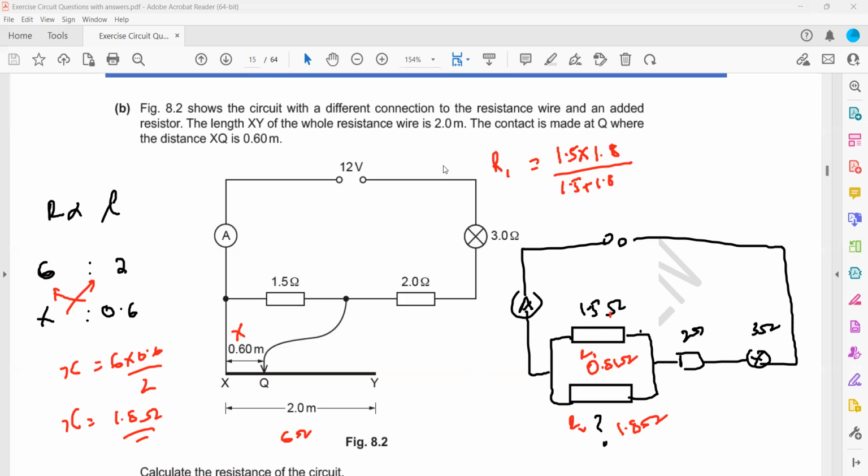Now this 0.8, 2 and 3, they are all in series, because the combined resistance of these two which are in parallel is 0.8, this one is 2 and this one is 3. So what is the total resistance of the circuit? The total resistance of the circuit will be equal to 0.8 plus 2 plus 3, which equals 5.8 ohm. So 5.8 ohm is the combined resistance of this whole circuit.